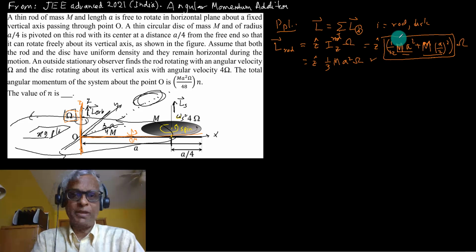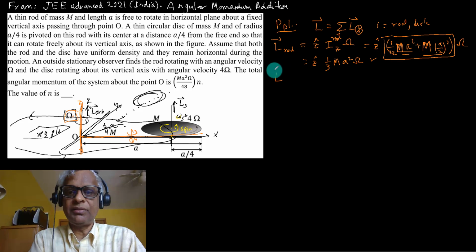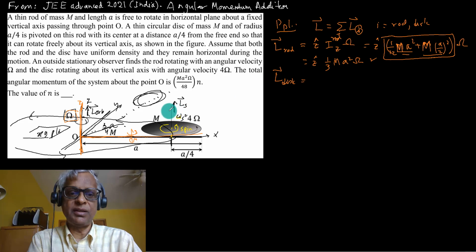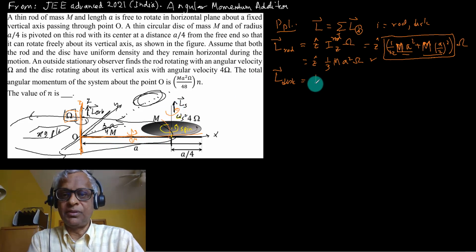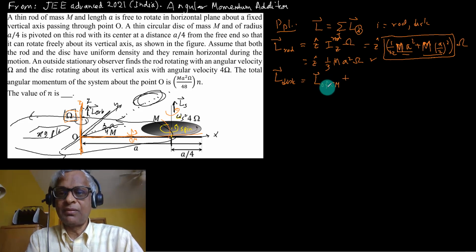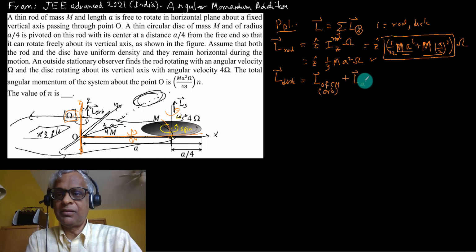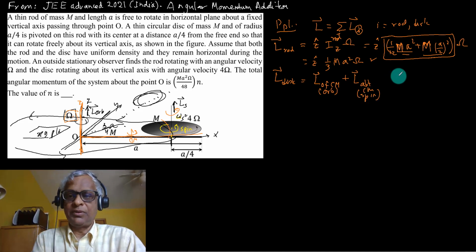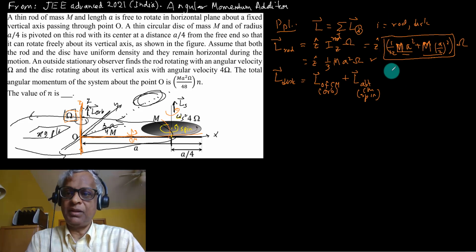And next we want to do L of the disk. The disk has a spin and then there's orbital. So L of cm, that's the orbital part, and L about cm, that's the spin part. Let me do the spin part.